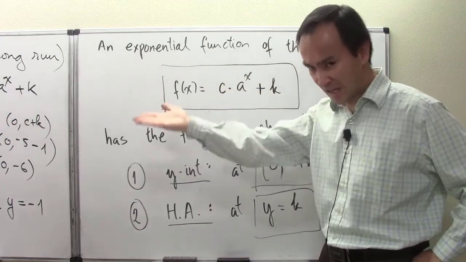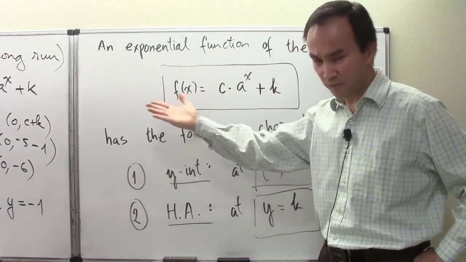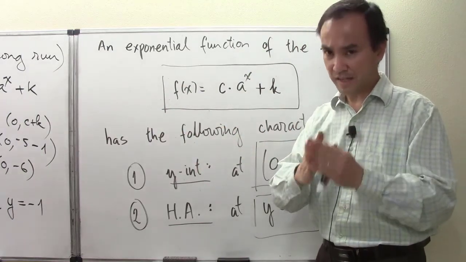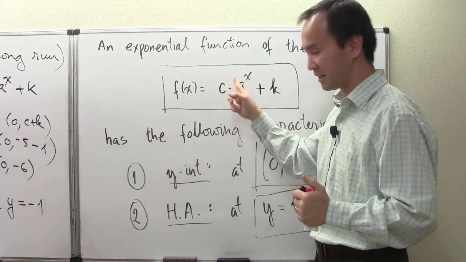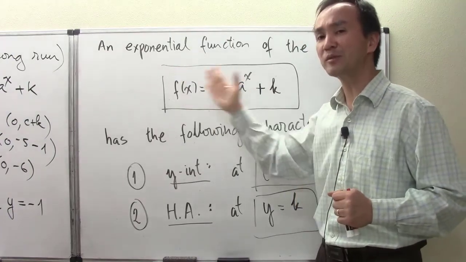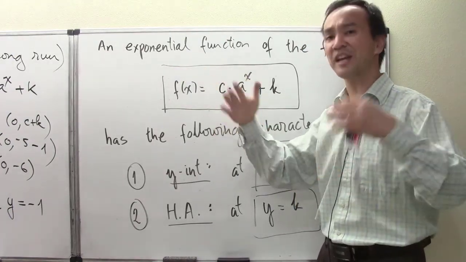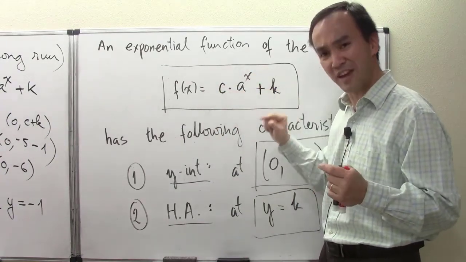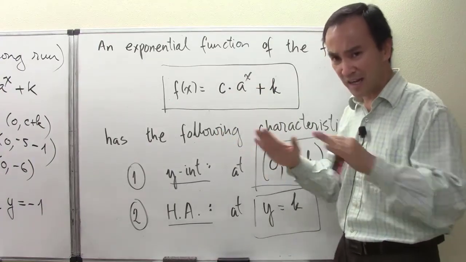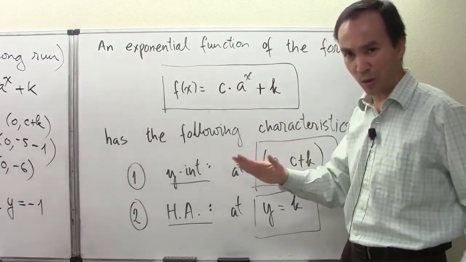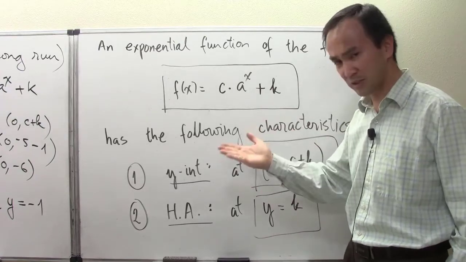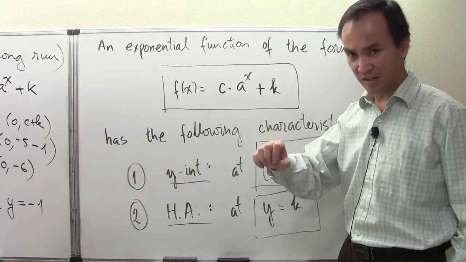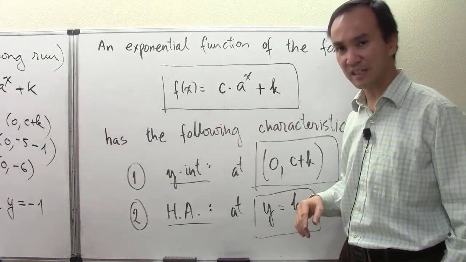I don't feel it's that important anymore, but if I have some time, I will make a separate recording on how we apply the horizontal asymptotes to take care of the other forms, c times a to the mx plus b plus k. But that's not important, so in this lecture I'm not going to include that part. If I have some time, I'm going to post a separate video lecture for that, and if you want to learn, you can feel free to find that other video lecture.